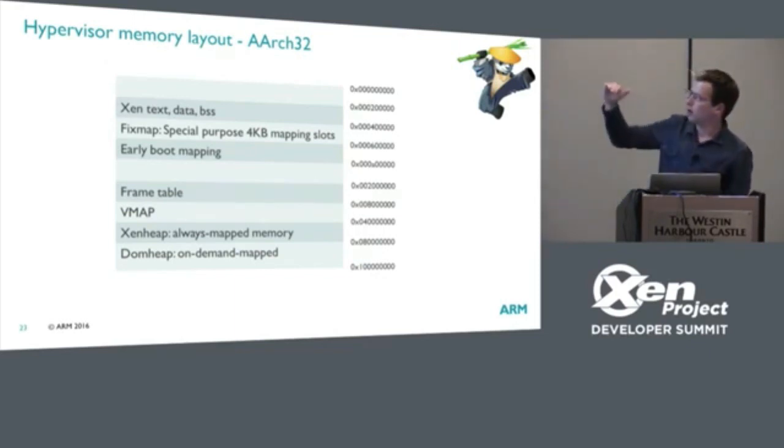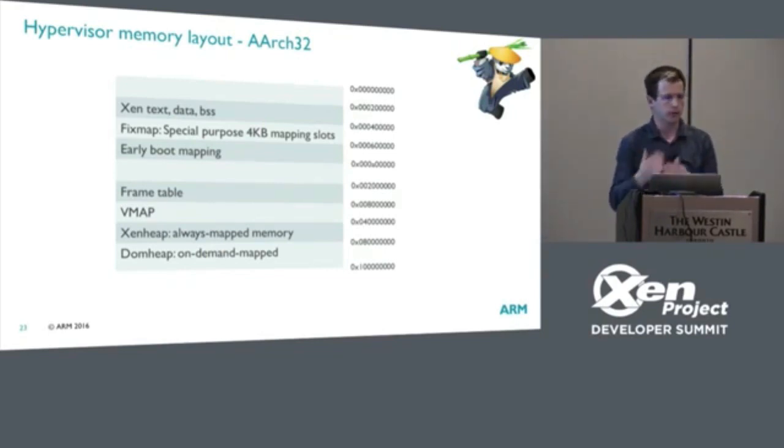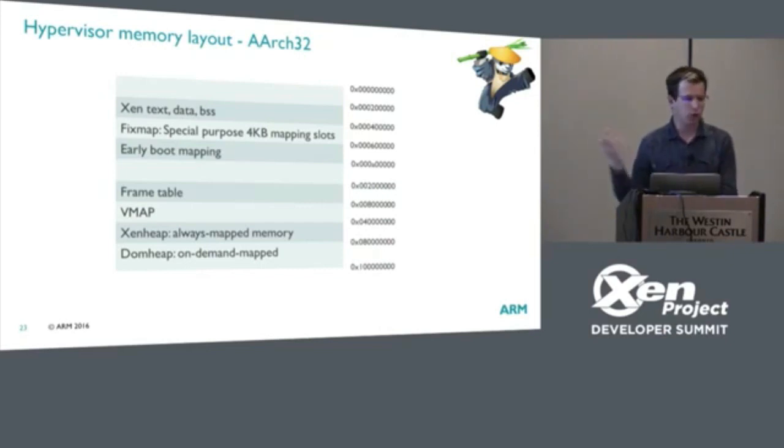You can see that you've got the Xen text, a fixed map, where you want to map something at a specific address, and the early boot mapping, for instance for relocating Xen or having the first mapping of the device tree in memory. The frame table is where all the page information is cached. Then the virtual map, the Xen heap and the DOM heap.